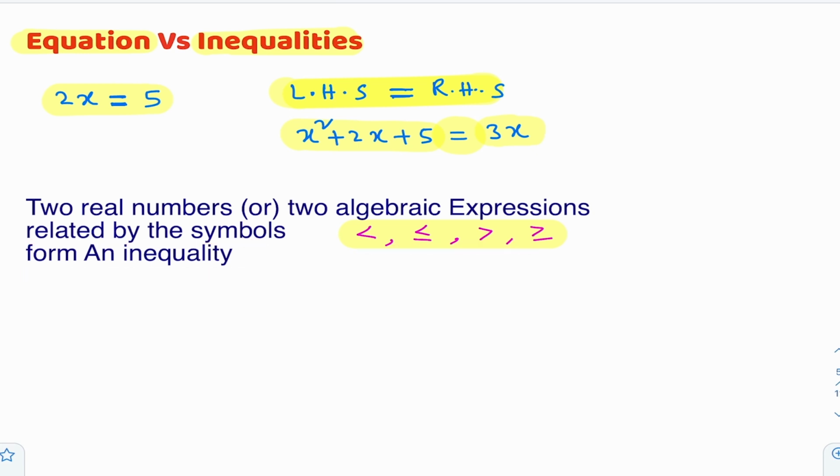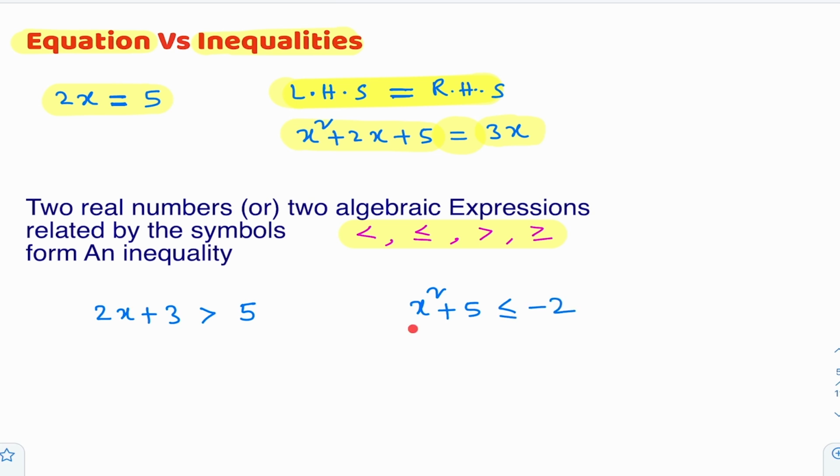For example, 2x plus 3 is one algebraic quantity and 5 is another algebraic quantity. If we use an inequality symbol, any one of these symbols, I have written greater than here. What is this? This is an inequality. Now, I'll take one more: x square plus 5 is less than or equal to minus 2.